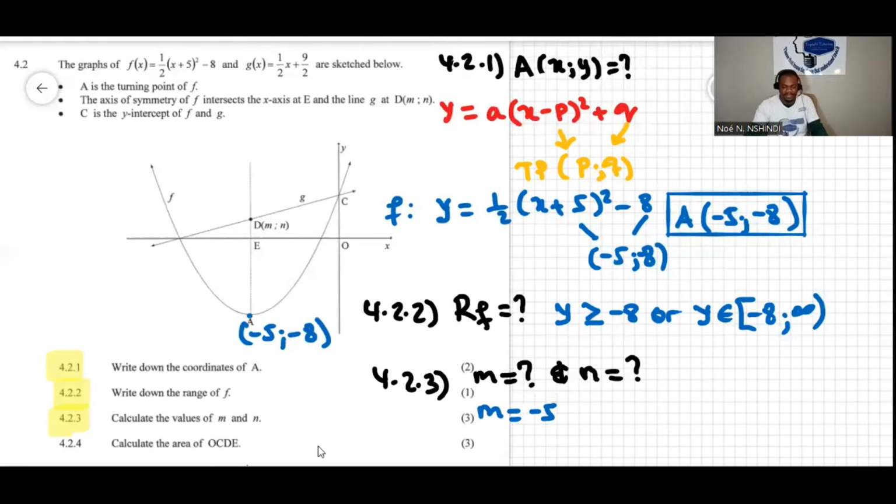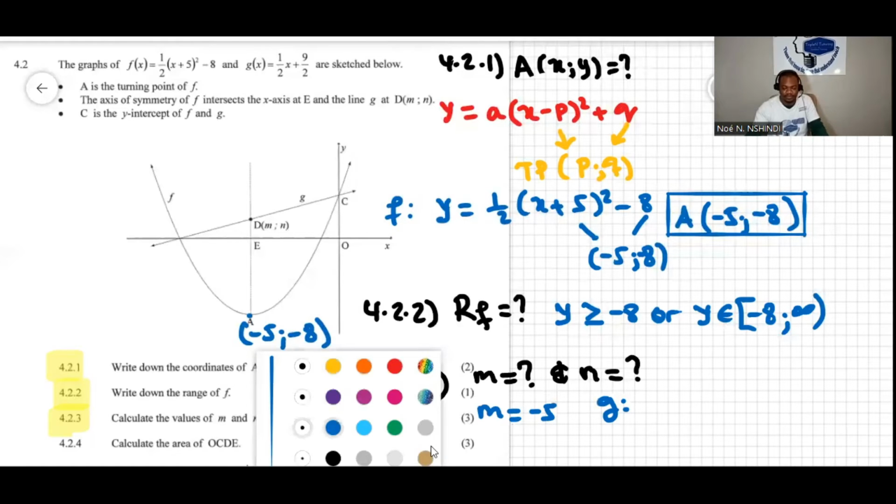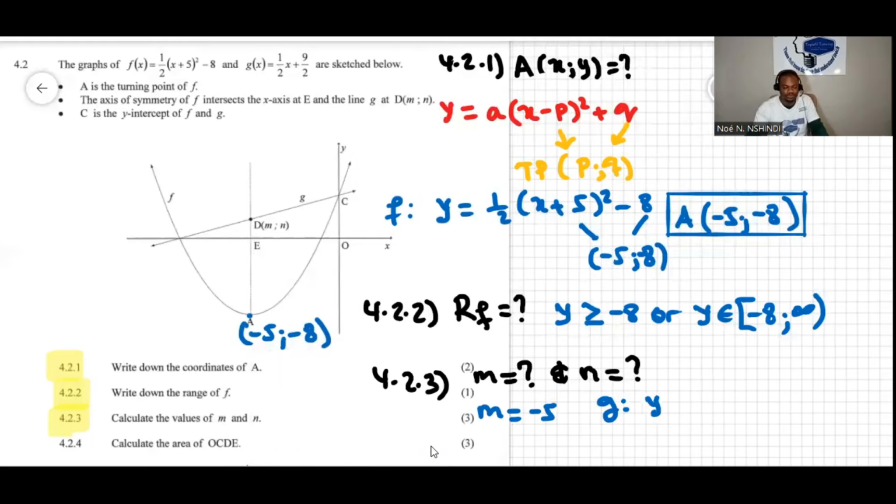And then how can we get n? n is the y coordinate, so we can just substitute -5 into the function g, y equal to 1/2 x plus 9/2.